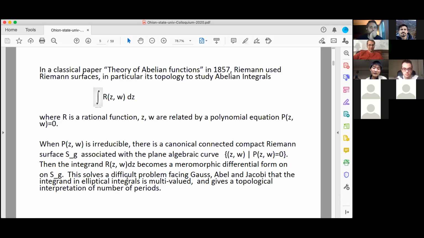This solved a major difficulty facing Gauss, Abel, and Jacobi, that the integrands in elliptic integrals are multivalued. But once you introduce the Riemann surface, it's single valued. More importantly, this also gives a topological interpretation of the number of periods of elliptic integrals. It was a major thing. So this will become relevant in a minute.